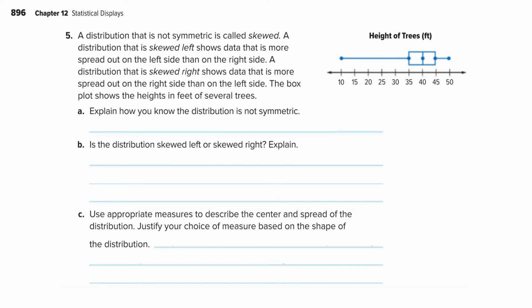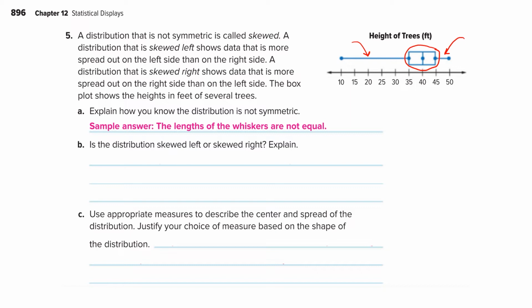I know that this graph is not symmetric because the lengths of the whiskers are not equal. The middle part, the box itself, is symmetric, but the whiskers are not of equal length, so they are not symmetric.